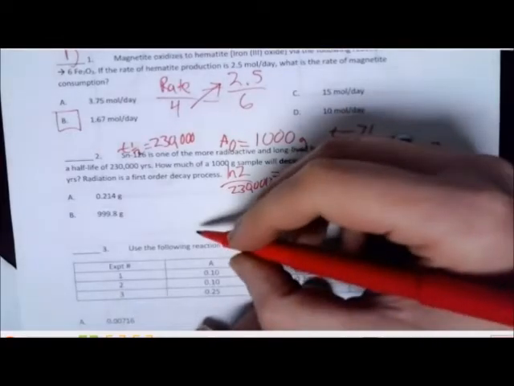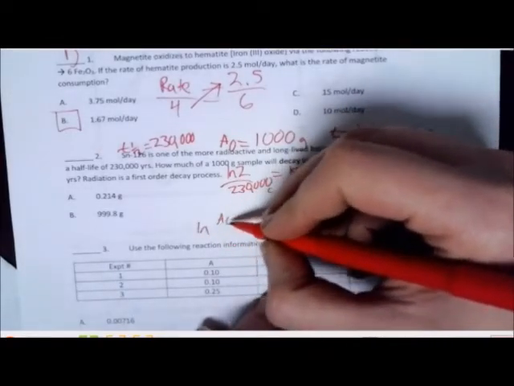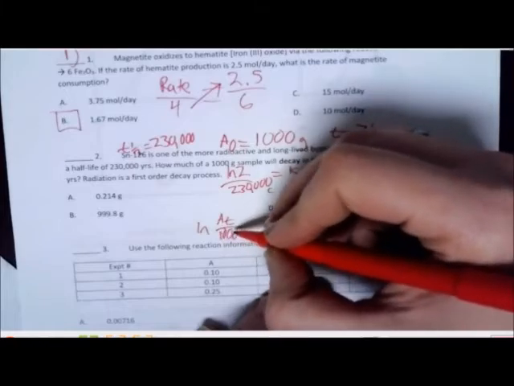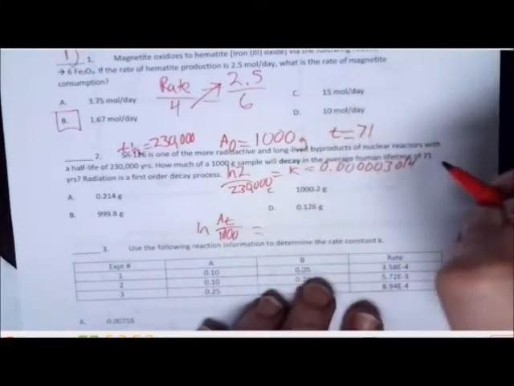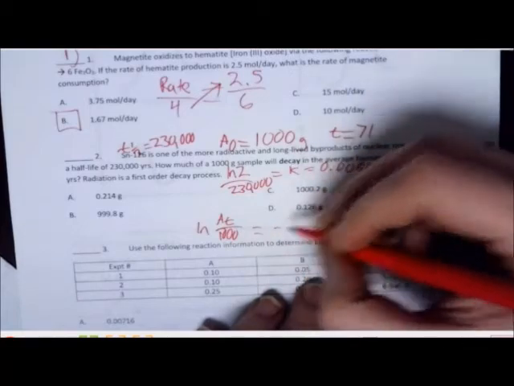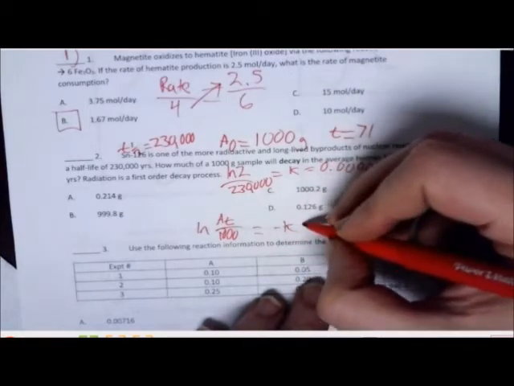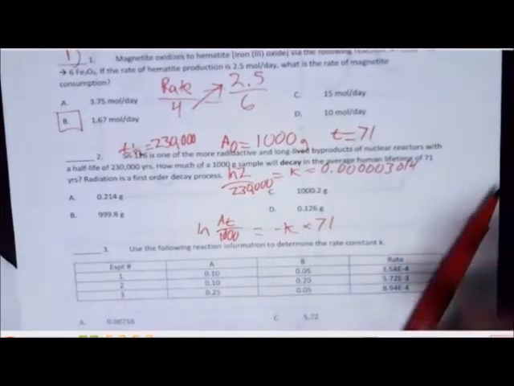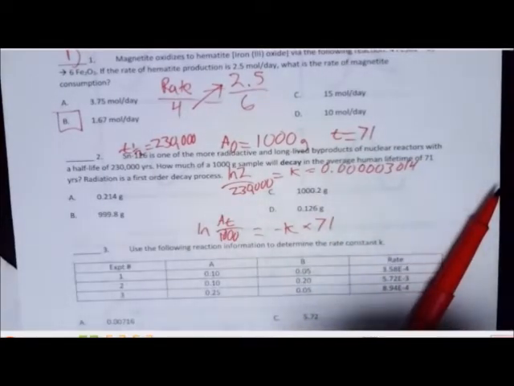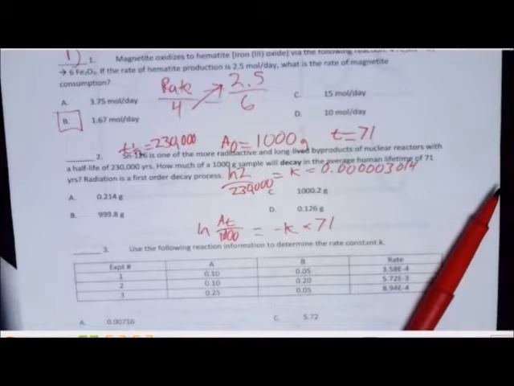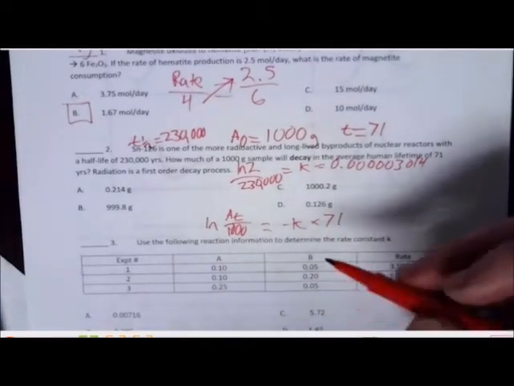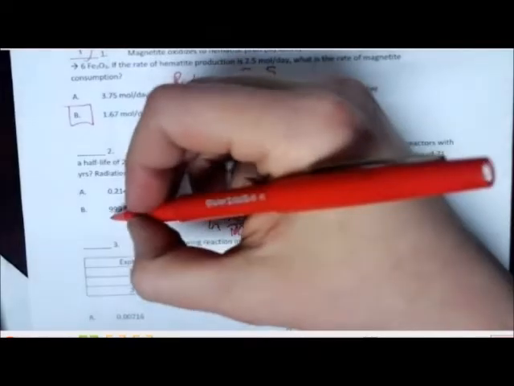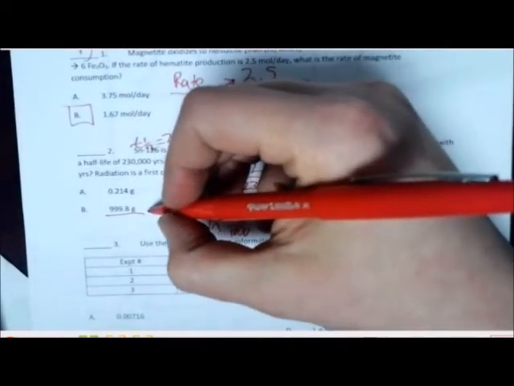So plugging that in, ln of A sub T over 1,000 is equal to negative k times 71. Make it negative, do the inverse log of that answer, times 1,000, and you get how much is left: 999.8. However, that is the amount left, that's A sub T.